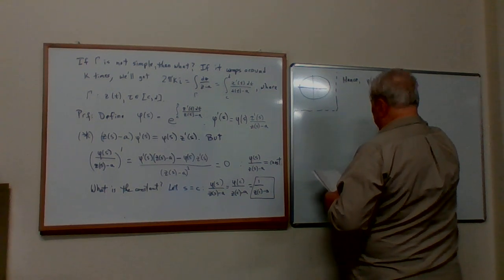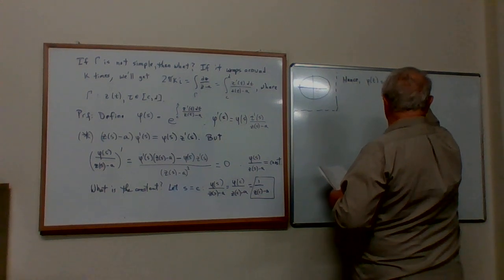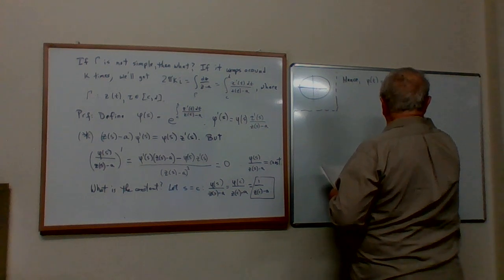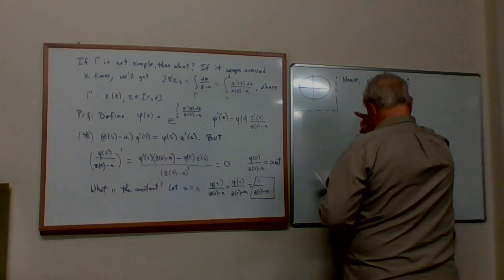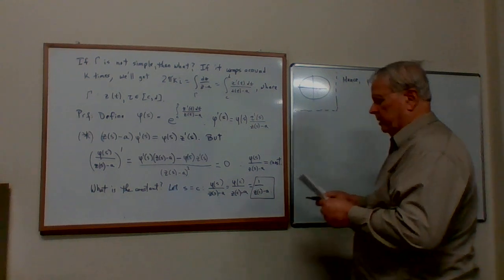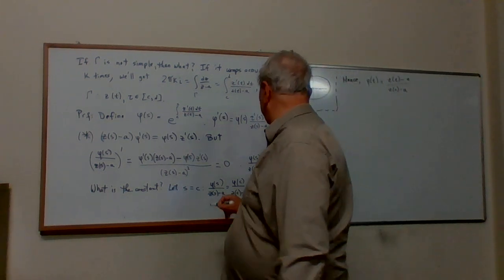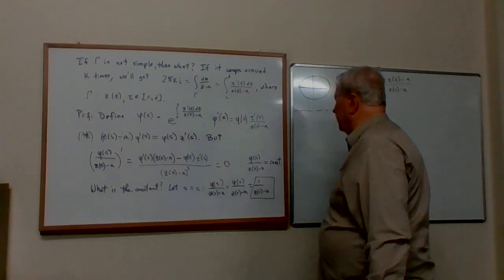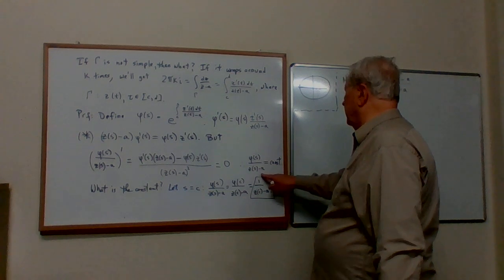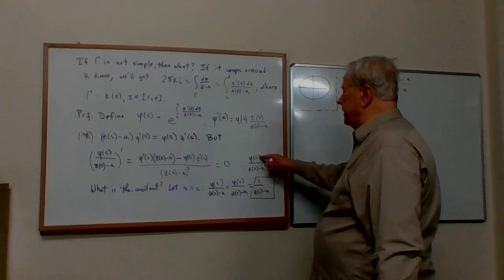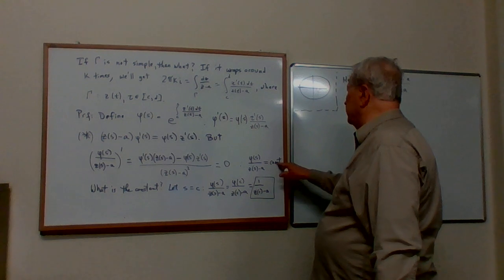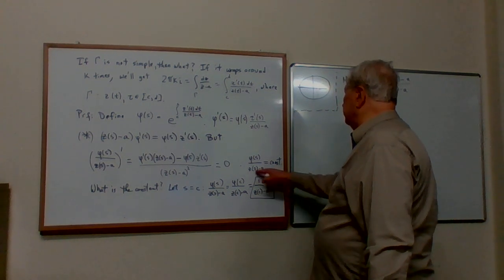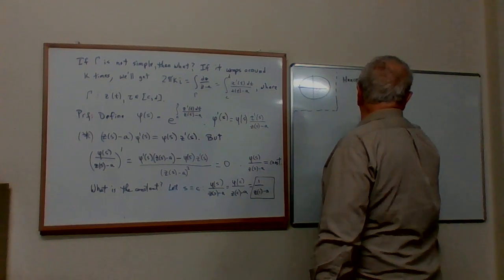Phi of t is z of t minus A over z of C minus A, because if I take this, phi of S, and I just plug in t for S now, phi of t is equal to our constant, which is this, times z of t minus A, I get this.